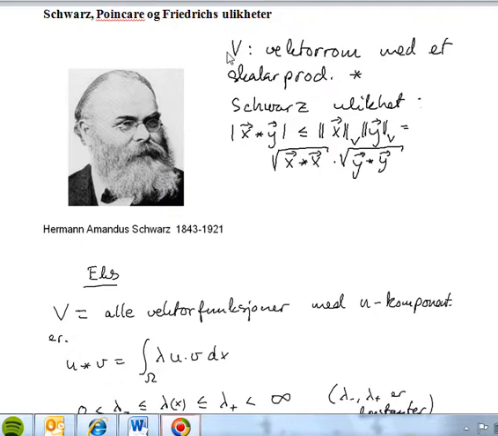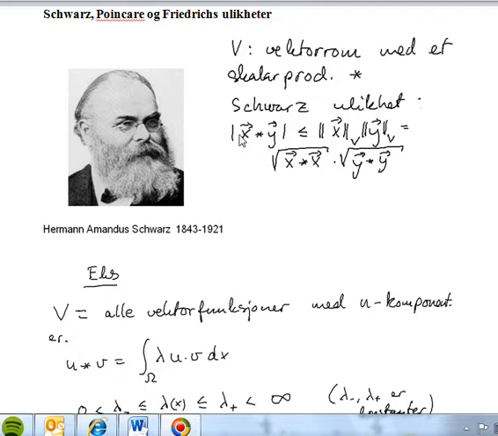see on this picture. Let capital V be a vector space with some scalar product, called star. The Schwarz inequality tells us the following: any vectors x and y in this vector space have the following inequality.